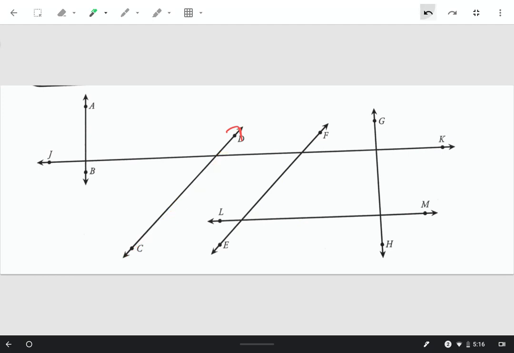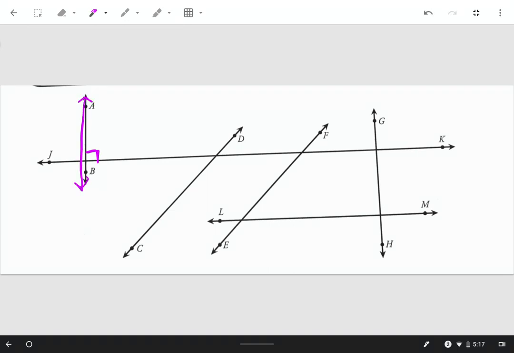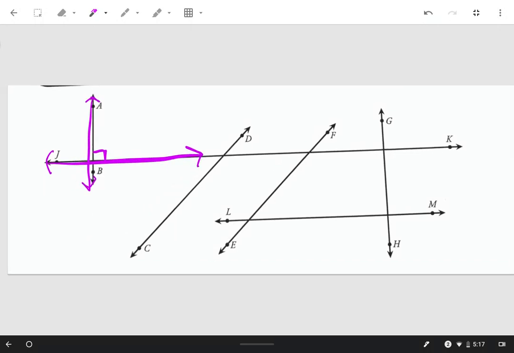So let's talk about intersecting lines. Or not intersecting lines, perpendicular lines. So perpendicular lines create a 90-degree angle, a right angle right here. So we talked about line AB and line JK are perpendicular lines. Do we see any other lines that are perpendicular?